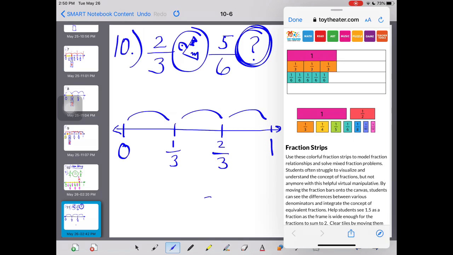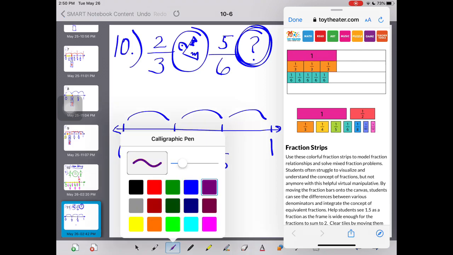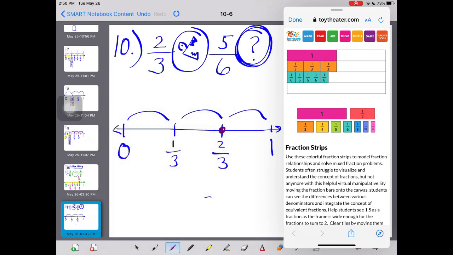Okay? And we know that she used 2/3. So we'll go ahead and mark right there. And that was for Sophie.